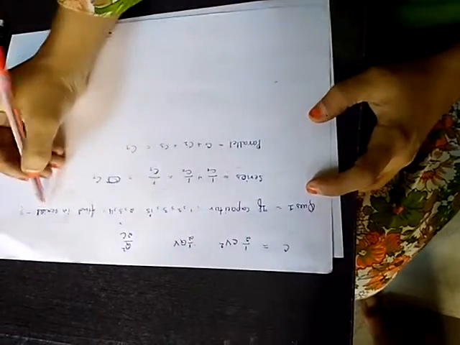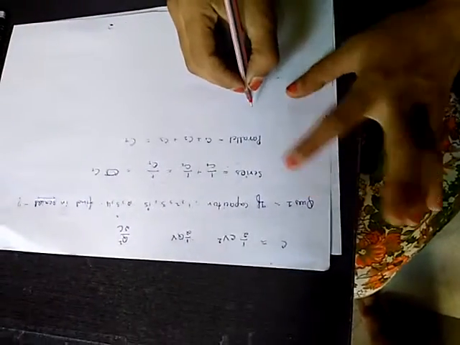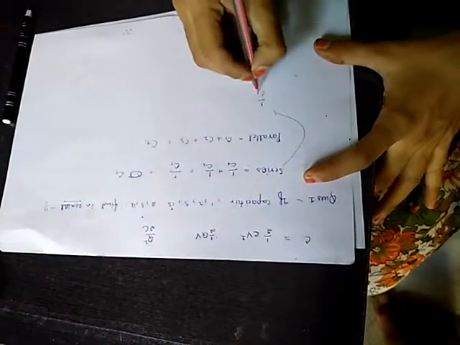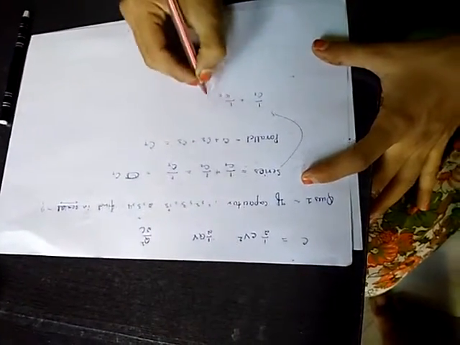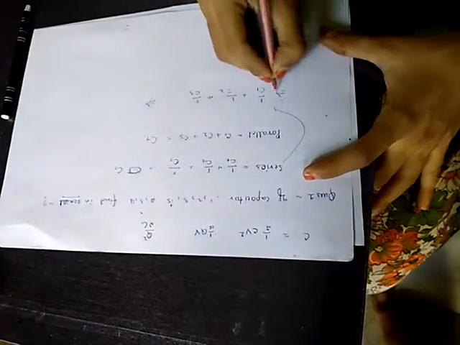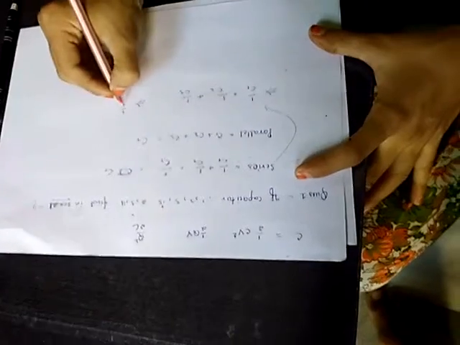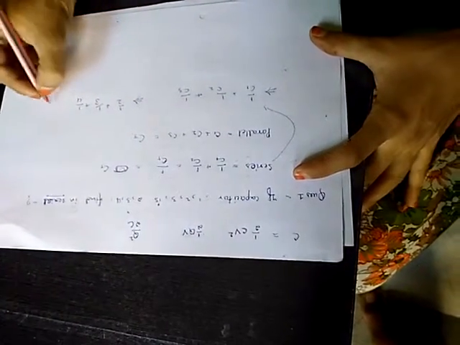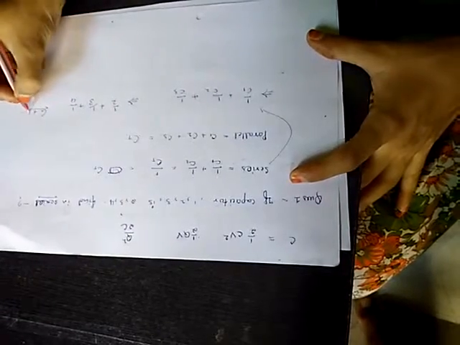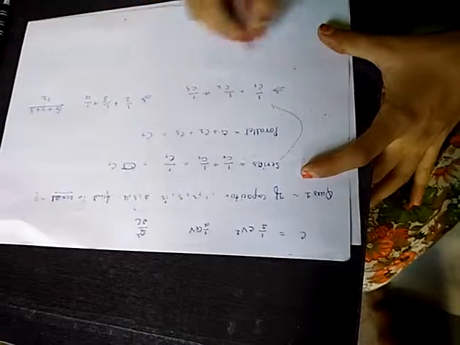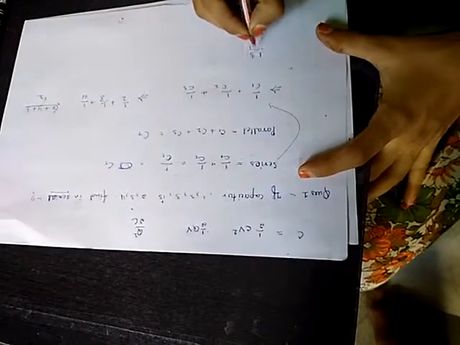We have to find it in series, so we use the formula 1 by C1 plus 1 by C2 plus 1 by C3, and that is 1 by 2 plus 1 by 3 plus 1 by 4, equal to 6 plus 4 plus 3 over 12, equal to 13 by 12.